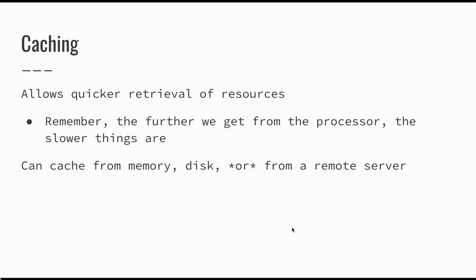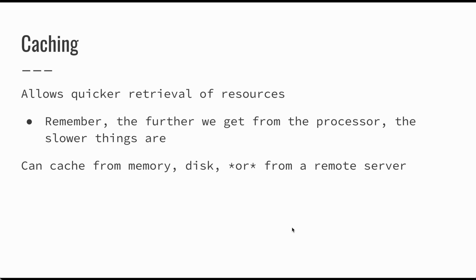And then there's an L2 cache that has even more space than that, and a little bit slower access. Then your L3 cache has more space but is a little slower than the L2. And then you might go out to memory, which is going to have a lot more space, but also not be quite as fast as any of those processor caches. From memory, you might load data from disk, and that's going to be much, much bigger, but also a bit slower. Or you could even go to a remote server.